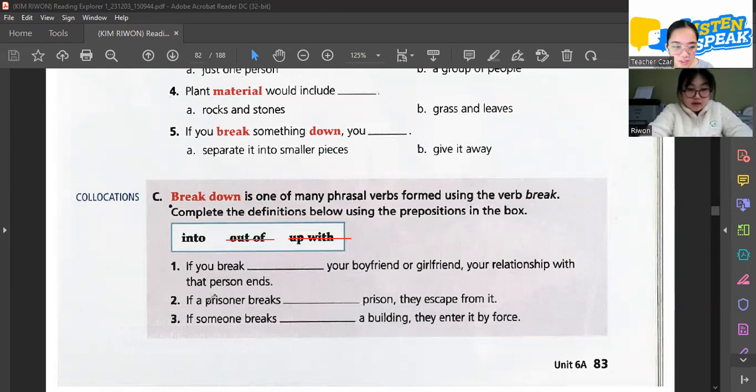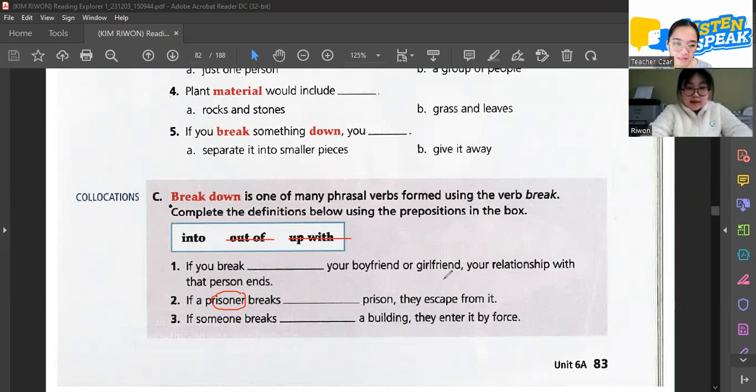I agree, because in the second sentence we are talking about a prisoner, and mostly prisoners are being locked in a facility. So you use breakout. So what do you mean by the word breakout? I think it's the same word as escape. Very good. Okay, how about three?